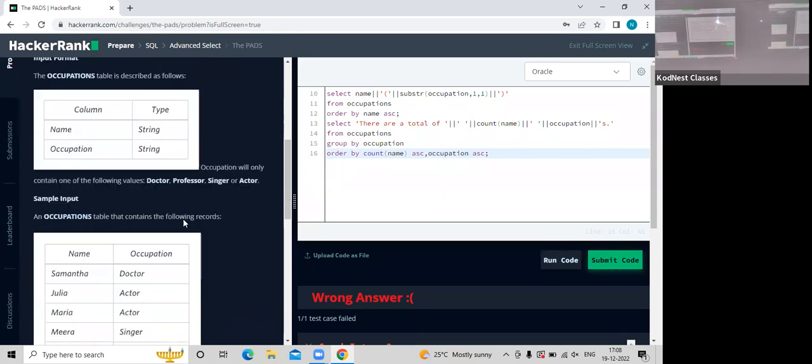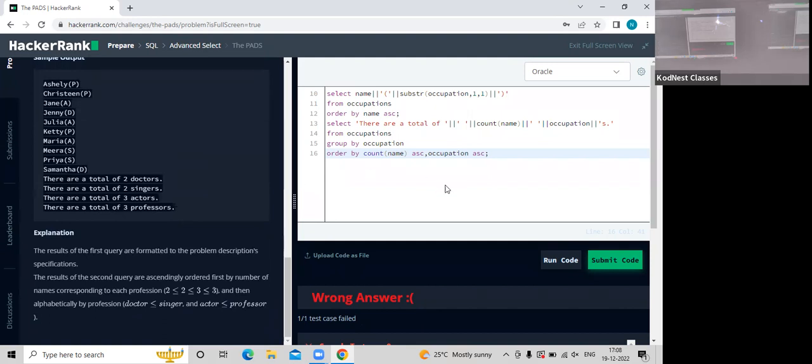Very good. Occupation in lowercase. This should be present in lowercase. Observe here. Doctors, singers, actors, professors, everything is present in lowercase, right? That is what it is.